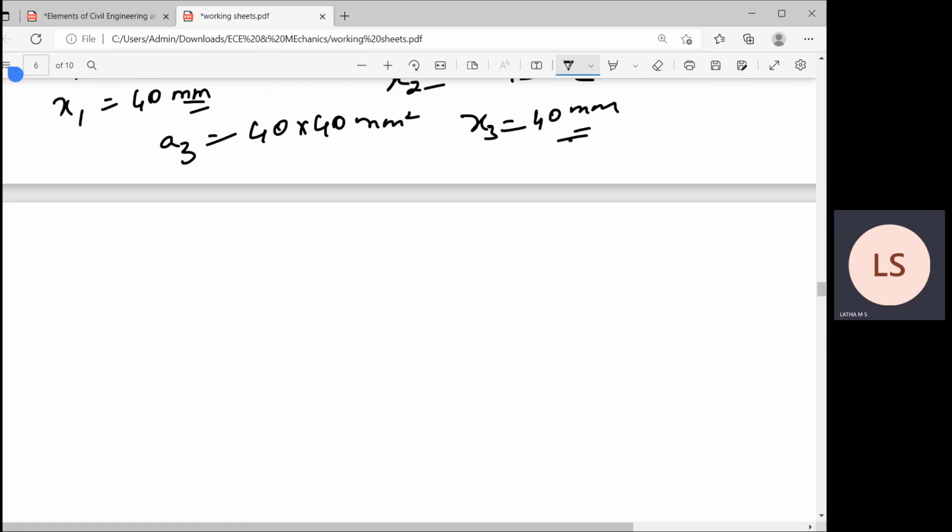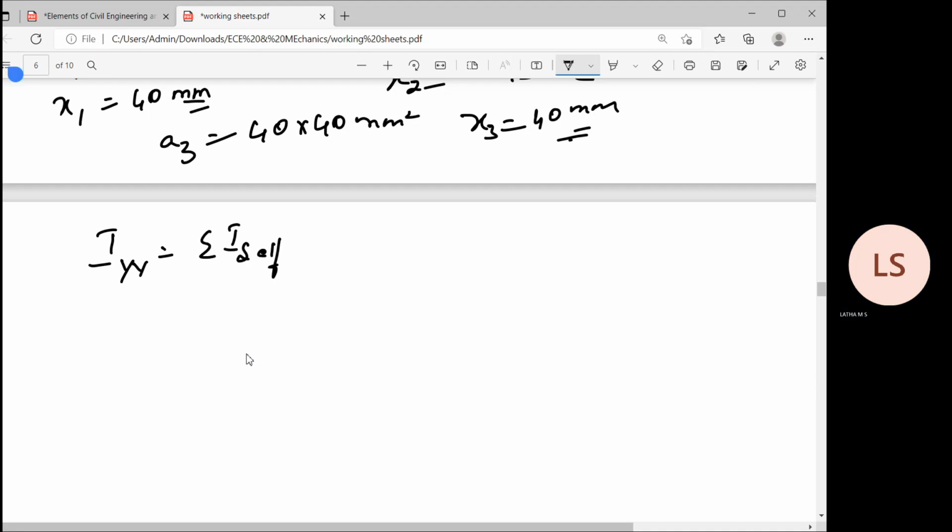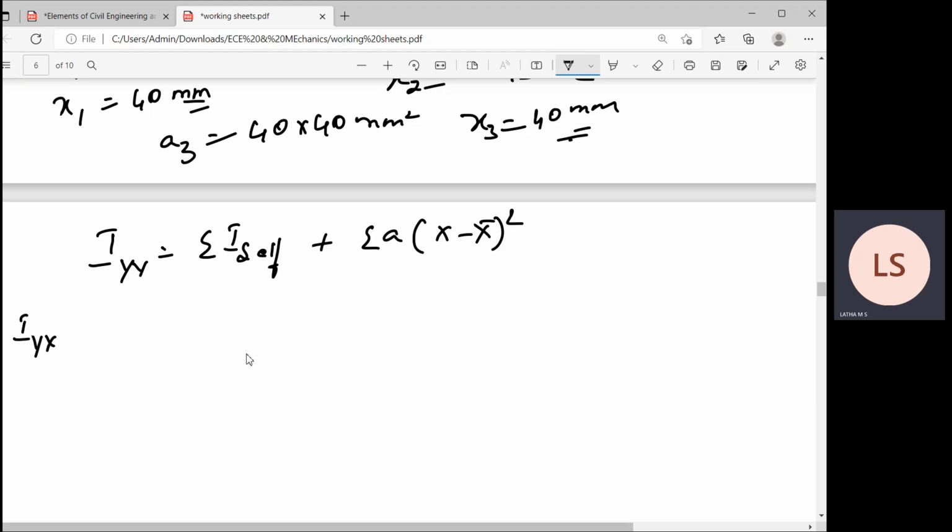Now I'll go back to the equation of parallel axis. It is required Iyy equals summation of I self plus summation of A into x minus x bar the whole square. So Iyy for the first rectangle is dB cube by 12 plus A1 into x1 minus x bar the whole square.